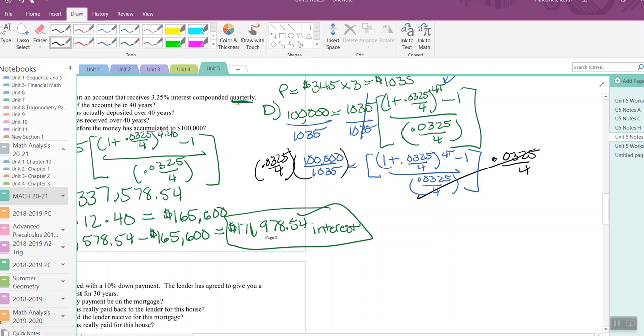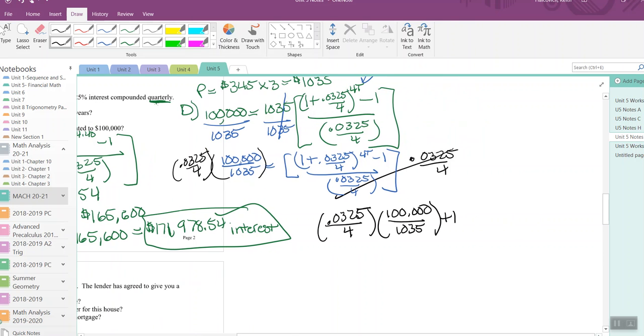So when I rewrite that, I'm going to have 0.0325 over 4 times 100,000 over 1,035, plus 1, equals (1 + 0.0325/4)^(4t).